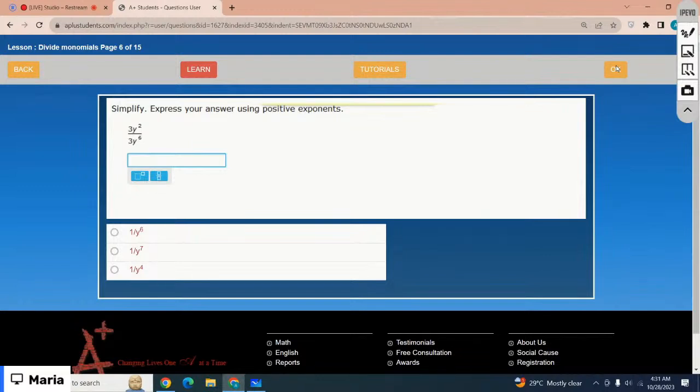Okay, 3y^2 divided by 3y^6, which is the correct option? The correct option is 1 divided by y^4, right?